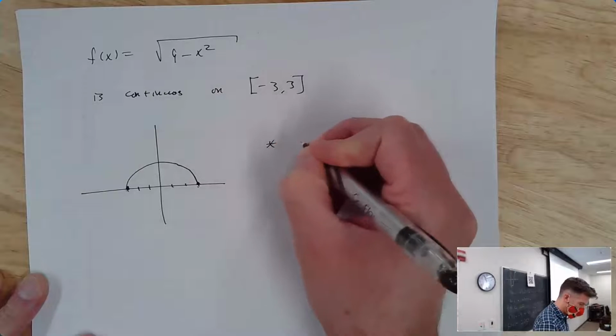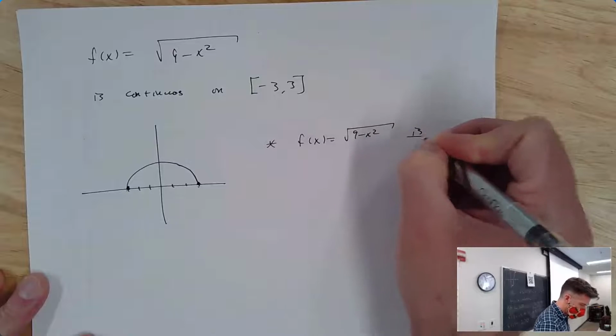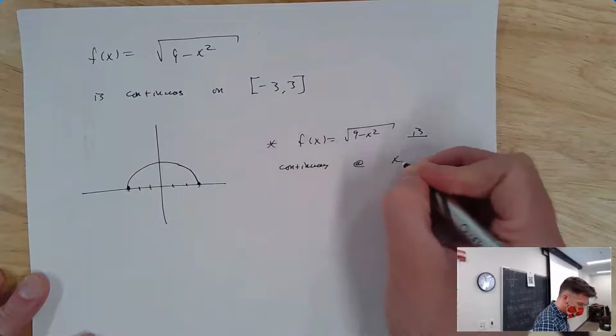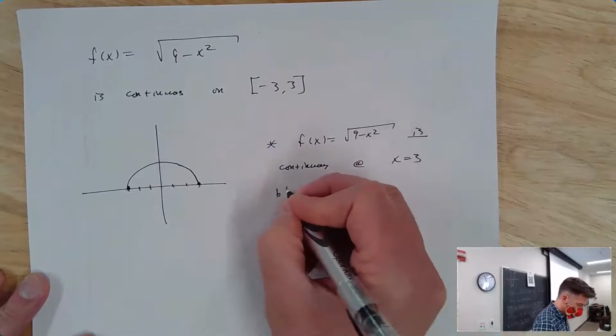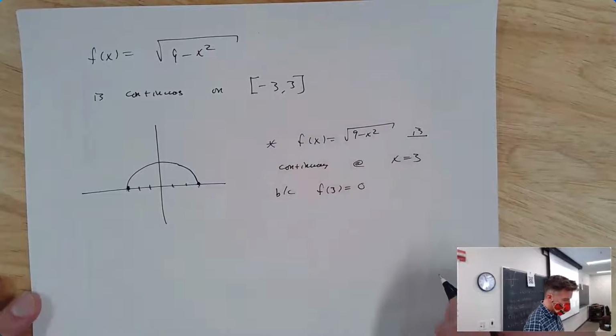So functions like this, specifically, we say that f of x equal to the square root of 9 minus x squared is continuous at x equal to 3 because f of 3 certainly exists.